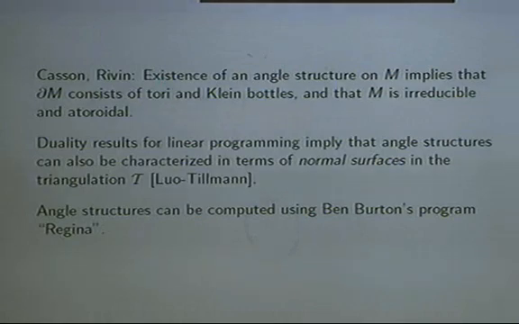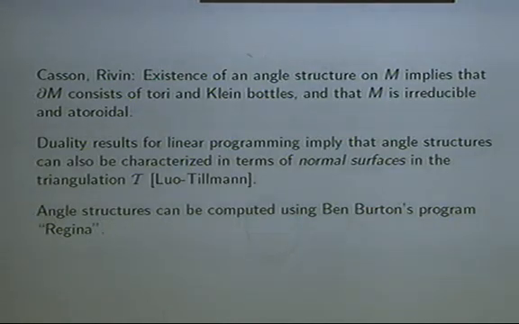Or you could have Klein bottles if we're working in the non-orientable case. You also get the topological conditions that M is irreducible and atoroidal. So if you can find one of these angle structures, you already get a lot of topological information about your manifold.